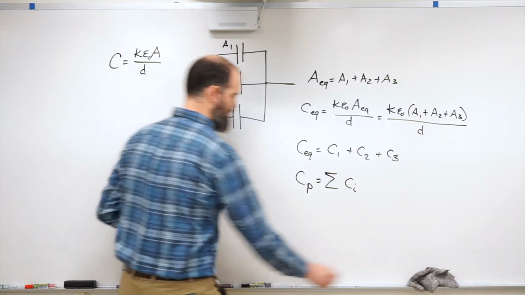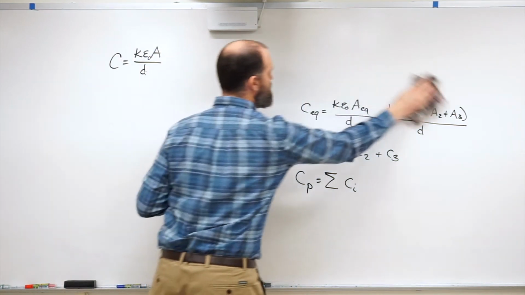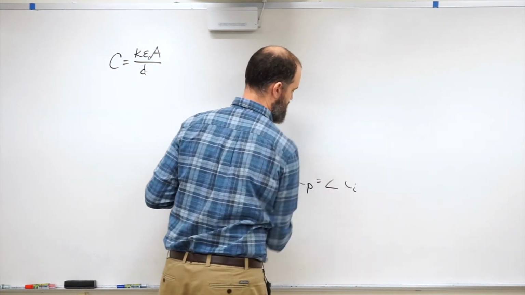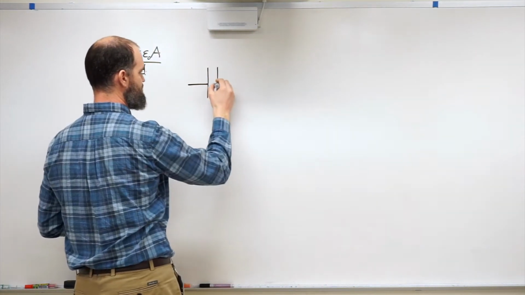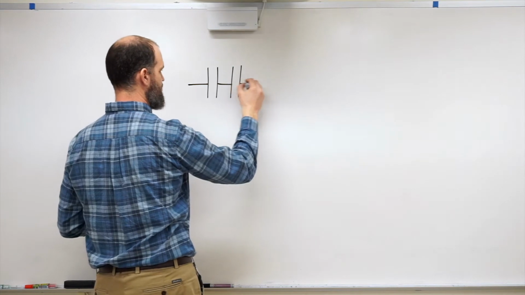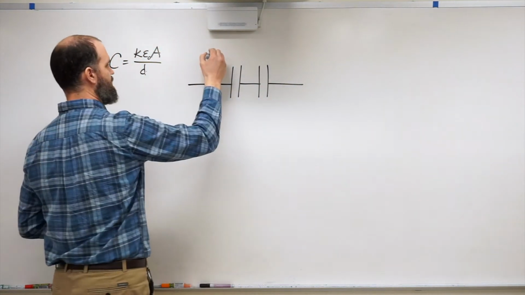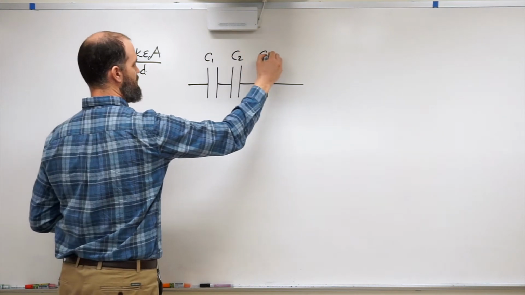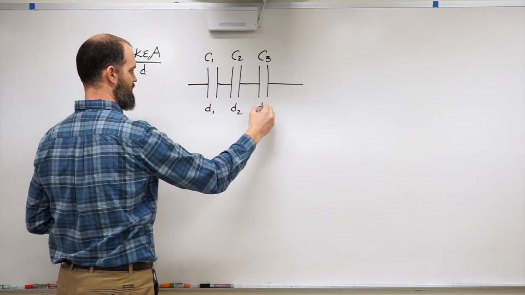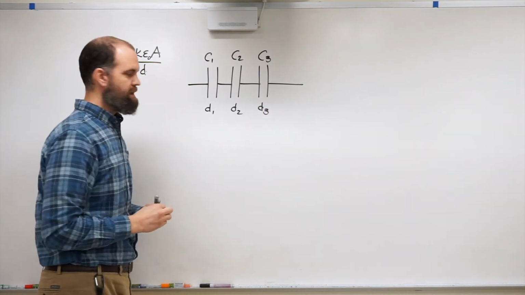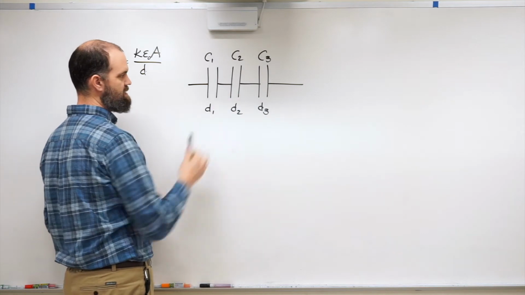Now let's see what we do for series capacitors. If I have capacitors in series, for this model I'll just assume that they are lined up like this. I have C1, C2, C3, and they have separation distances D1, D2, and D3. Now, it doesn't really matter if I have any connection between these capacitors.